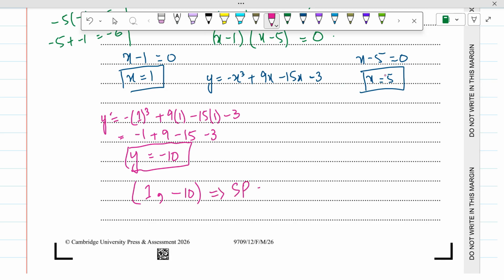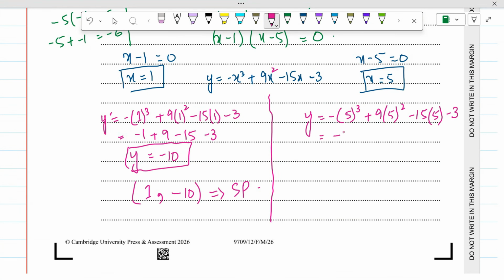Similarly, when we plug x is equal to 5 into the curve equation, we will have y is equal to negative 5 cubed plus 9 times 5 squared minus 15 times 5 minus 3.